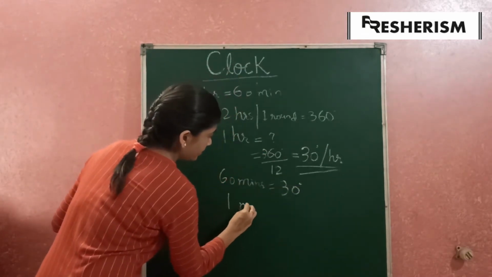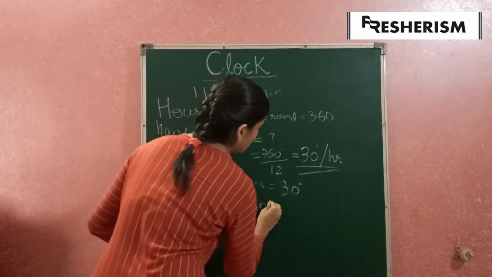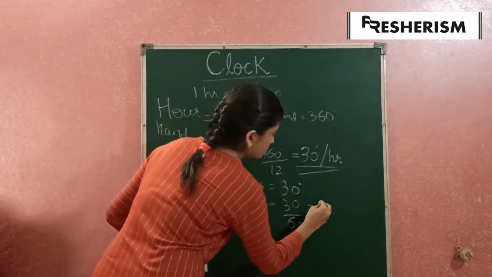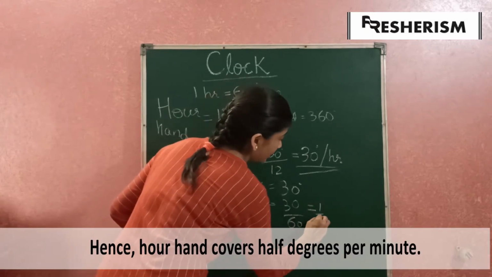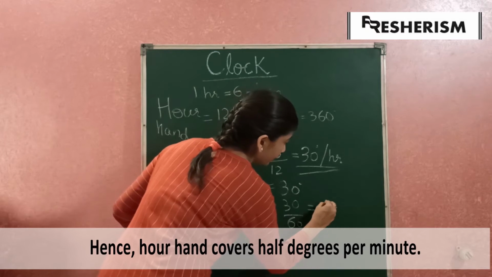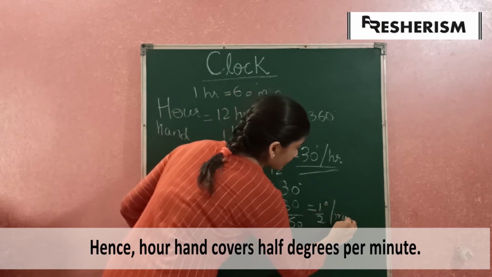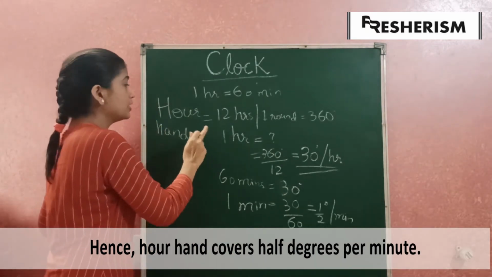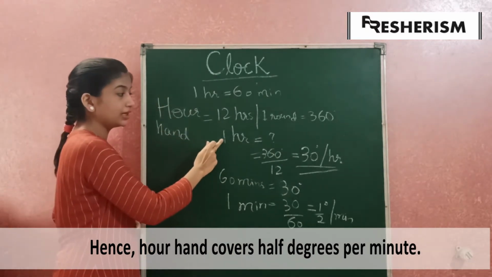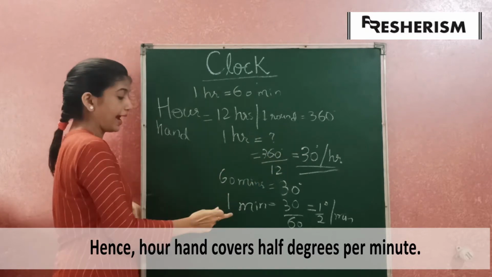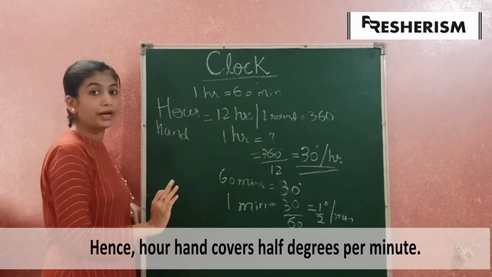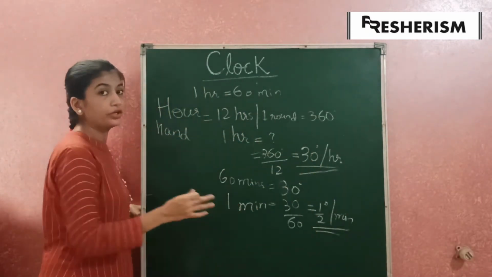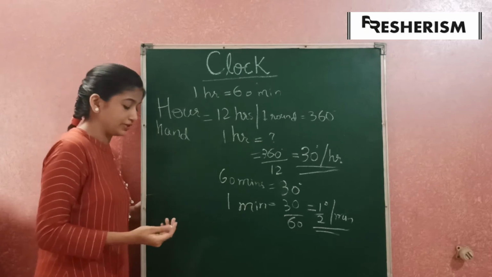So 1 minute is equal to 30 by 60, which by simplification is 1 by 2 degree per minute. This is for the hour hand, not the minute hand. So 1 hour covers 30 degrees and 1 minute covers 1 by 2 degree. These two values are important to remember for solving aptitude questions.